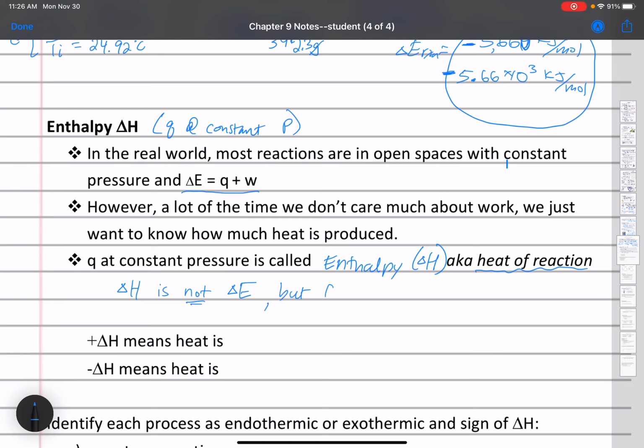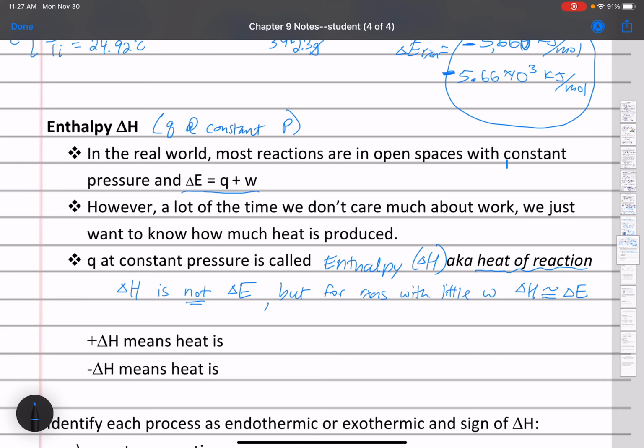But for reactions with only a little bit of work, delta H is pretty close to the energy of the reaction. So since work is often a very small contributor to energy, delta H is a good representation of the energy of the reaction, but it's not actually the total energy of the reaction, but pretty close.